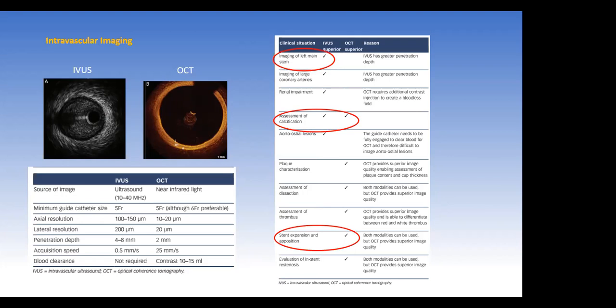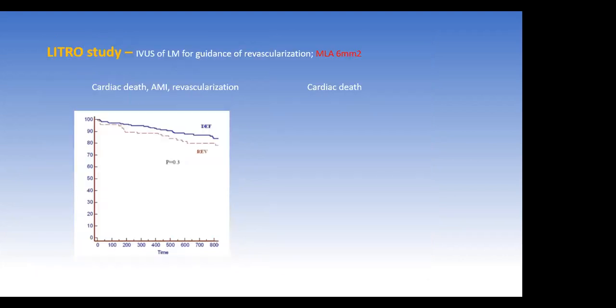Furthermore, OCT has really good tissue differentiation, defining plaque characteristics, identifying dissection, thrombus, even differentiating between red and white thrombus, which helps us with diagnosis. However, those are above and beyond the scope of this study.